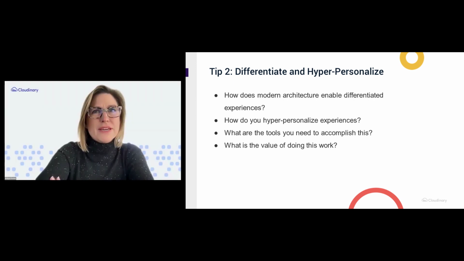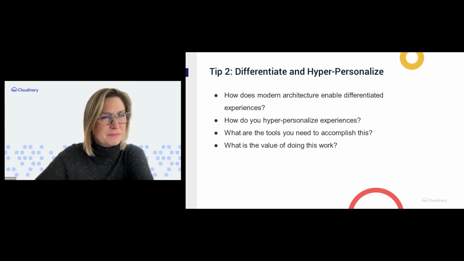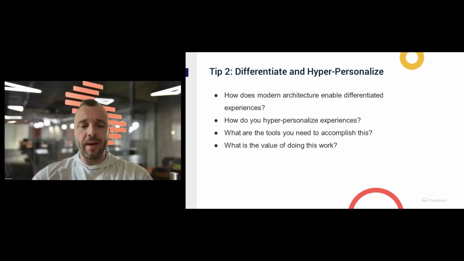Great. And Nick, what do you think the tools are that you need to accomplish differentiation and hyper-personalization from your perspective? Yeah, I think you have to look at both the tools and the team or the resources in conjunction. But first and foremost, you need a CMS that is adaptable to the varying degrees of tools that serve different channels.